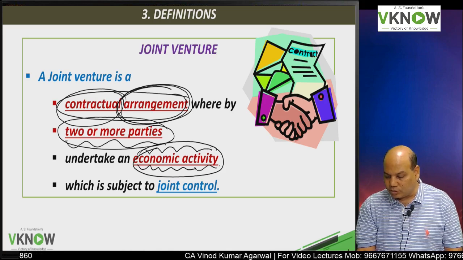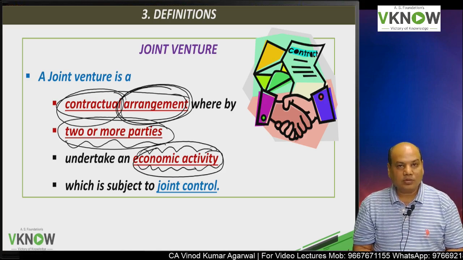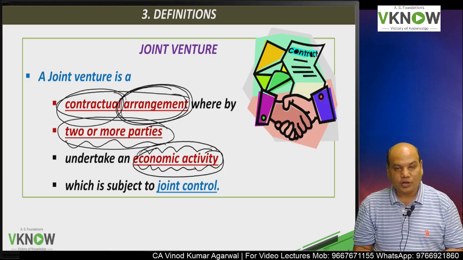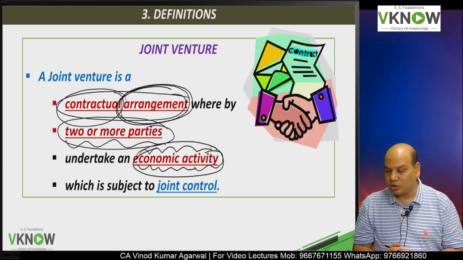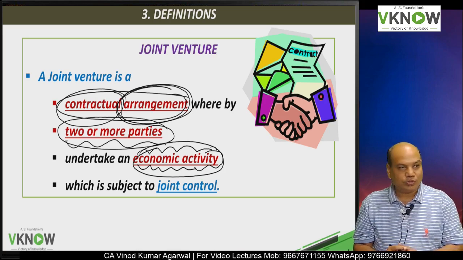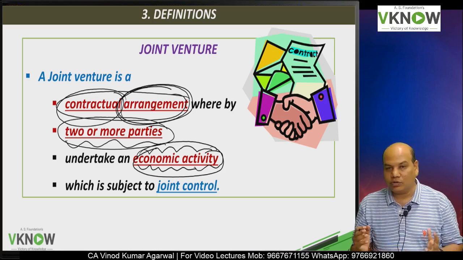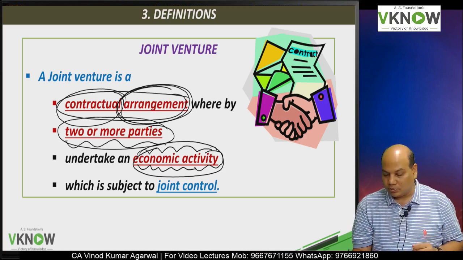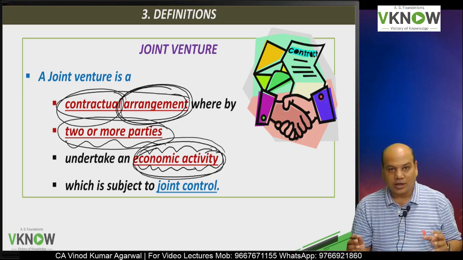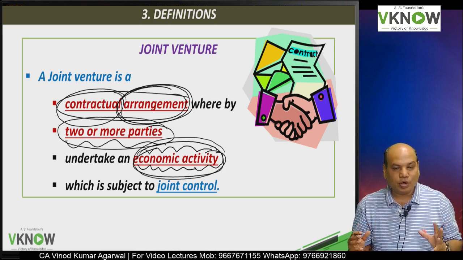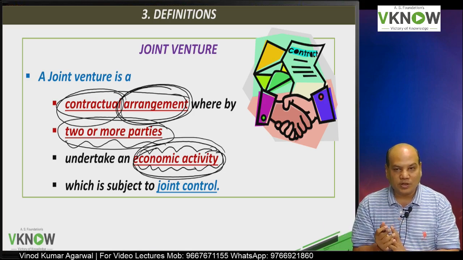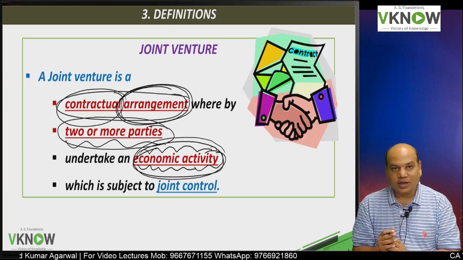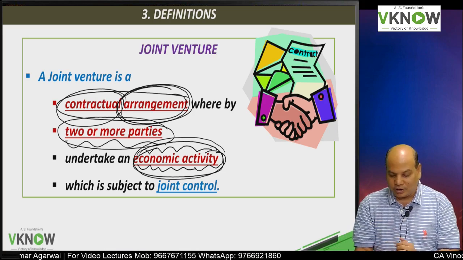Two friends studying together, it is not joint venture. Two friends going to base camp of Mount Everest is not joint venture. Two friends going to a movie together is not a joint venture. But if two friends start an activity of taking people to base camp Mount Everest and charging a fee, then that is an economic activity.